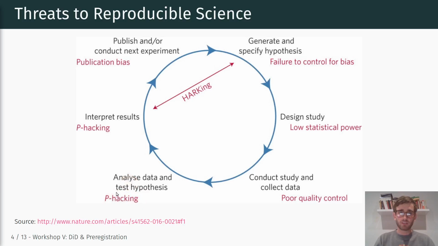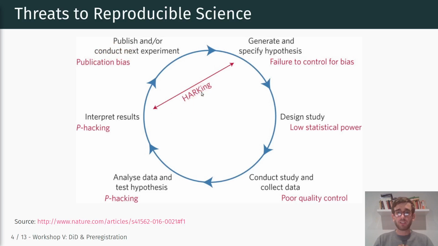In that context, we often talk about the issue of p-hacking. We also talked about publication bias in the sense that certain results are more likely to be published than, for example, null results. One of the papers of the assigned readings for this week is focusing on that particular issue.